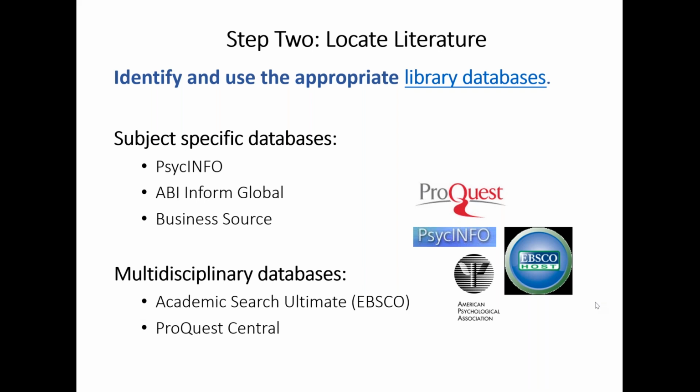So just what I showed you just a minute ago, going to that database A through Z and narrowing in on sort of a subject-specific database like PsycInfo for psychology, ABI Inform Global for business or Business Source. And then once I've searched in subject-specific databases, then I may also look at some multidisciplinary databases like ProQuest Central or Academic Search Ultimate.